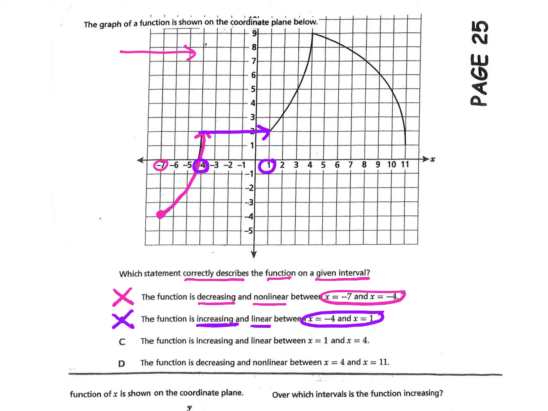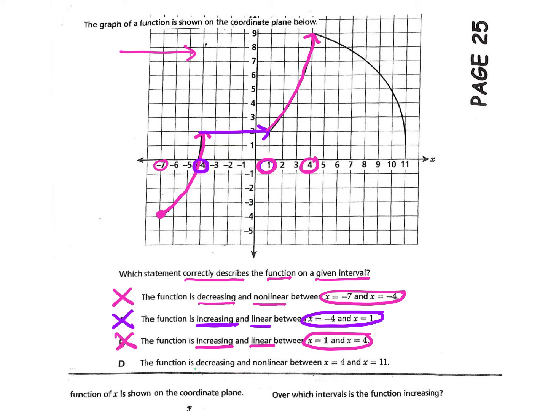It is linear, but not increasing. Letter C. It states the function is increasing and linear between 1 and 4. So here's 1, here's 4. Well, it is increasing, but it's definitely not linear, so that's not the case.